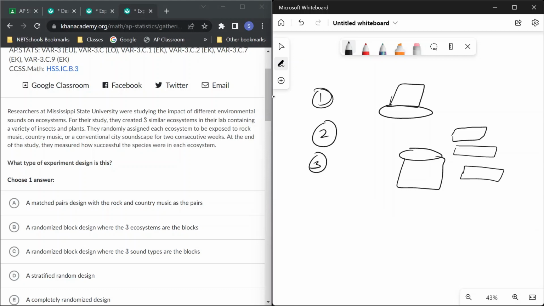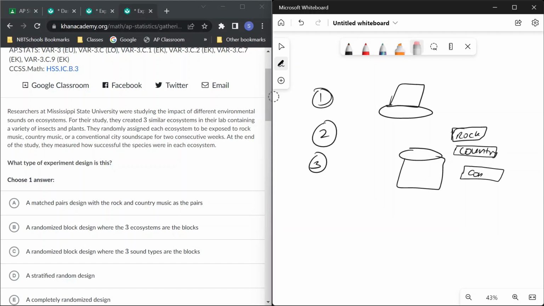So in the hat, we have like 3 pieces of paper. That doesn't make sense though. One paper says... See, no, that doesn't make sense. Okay, one would be rock music, one would be country, and one would be conventional city.